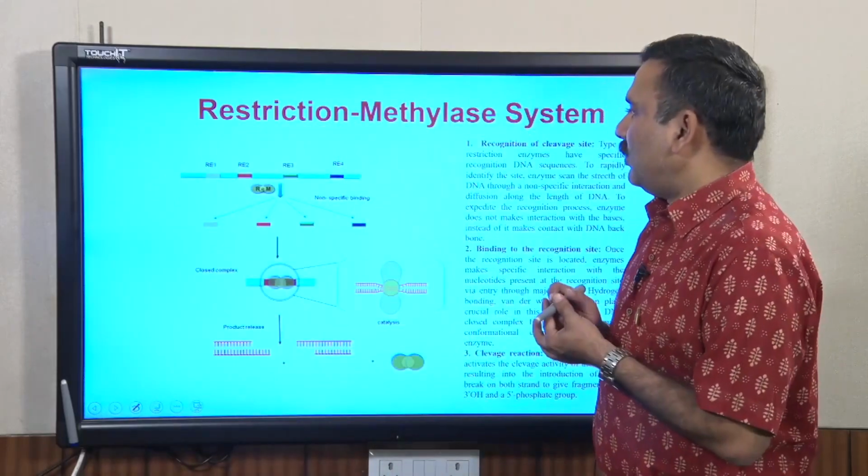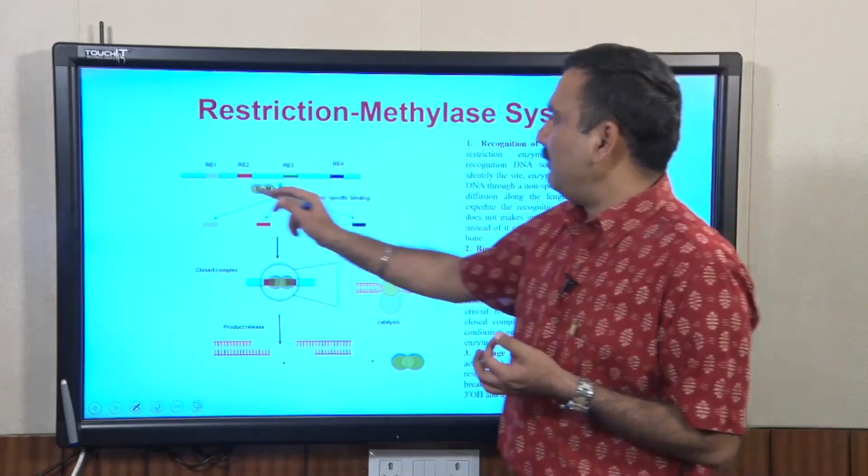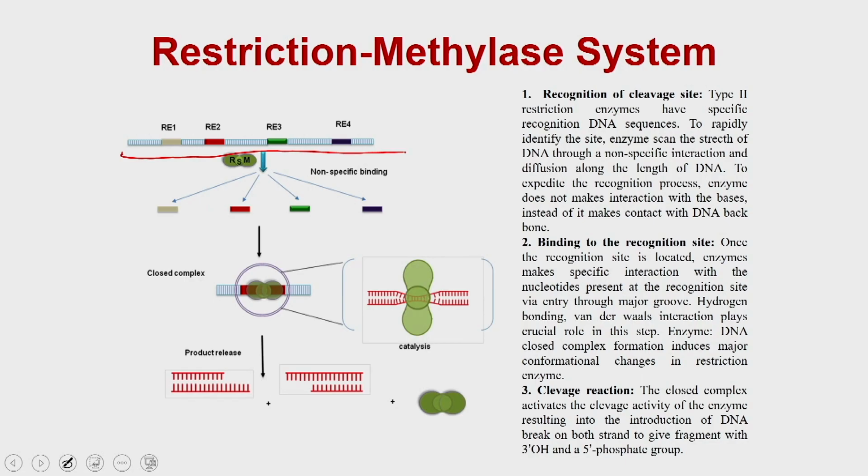Suppose, imagine that you have a piece of DNA with 4 restriction sites RE1, RE2, RE3 and RE4. Now, you have the 4 sites and you have added the restriction enzyme or restriction methylase system, which actually contains the 3 activities, the S activity, R activity and M activity.